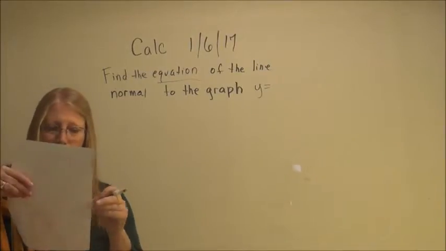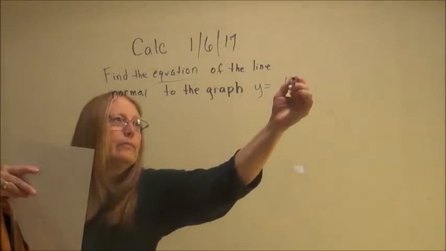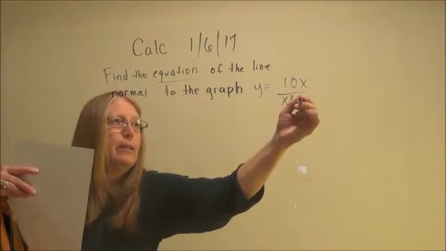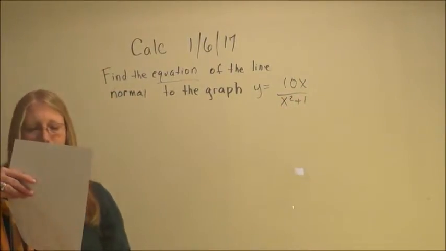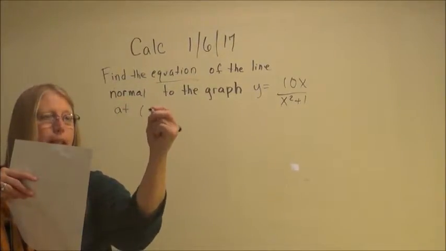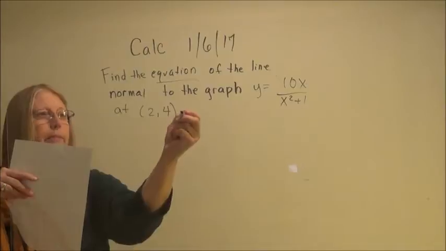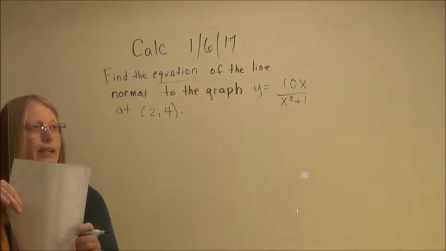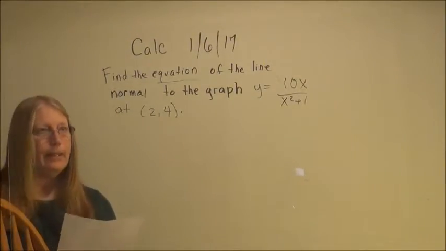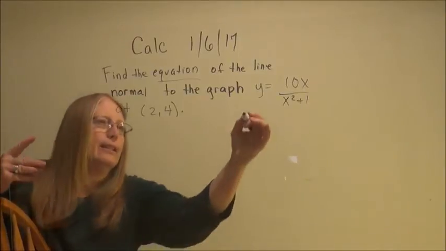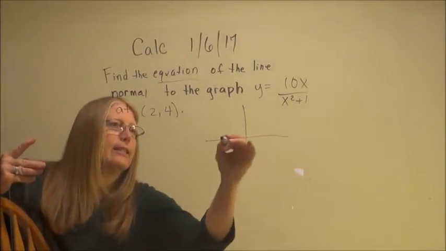We'll do y equals 10x over x squared plus 1. Alright, and I want that condition to be at 2, 4. So find the equation of the line normal to the graph y equals 10x over x squared plus 1 at 2, 4.